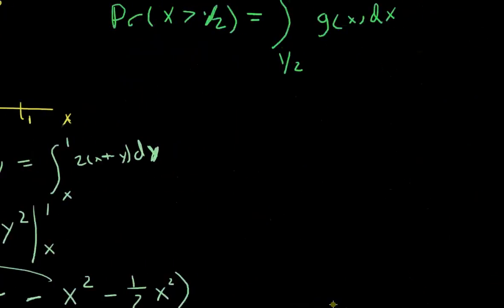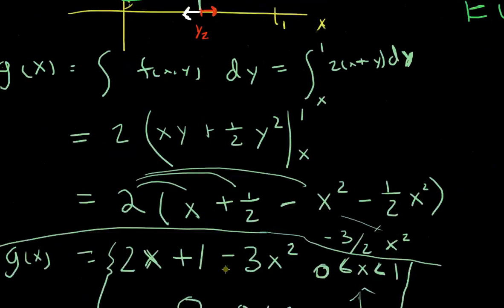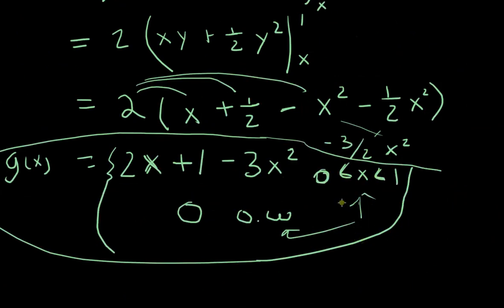All right, you should be able to find expected values involving only x, right? Given a joint probability distribution function. So for expected values, in this case, you would integrate between 0 and 1 because the marginal distribution is not 0 between 0 and 1. Okay, so that's why the support is so important.